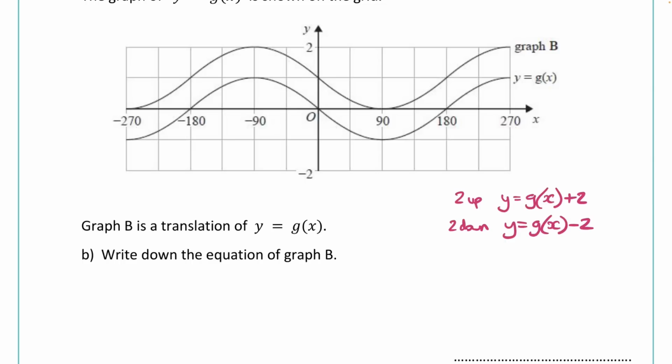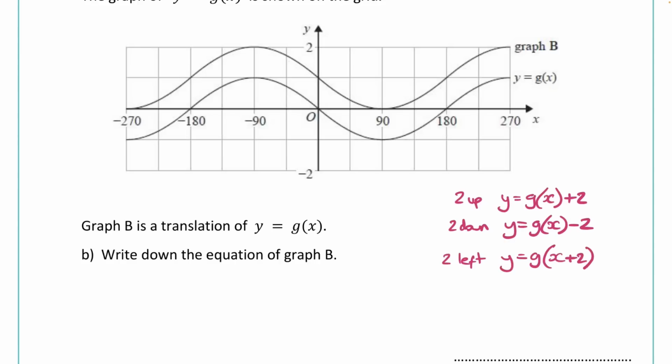So when it's outside the bracket and it's affecting y, it's pretty obvious in terms of what those movements mean. Plus 2 goes up 2, minus 2 goes down 2. When it's affecting the x, however, which this one isn't, it is moving left and right. So if it goes 2 left, then it's y equals g of, and this is where it slightly changes, you have x plus 2 in the bracket. It does the opposite.